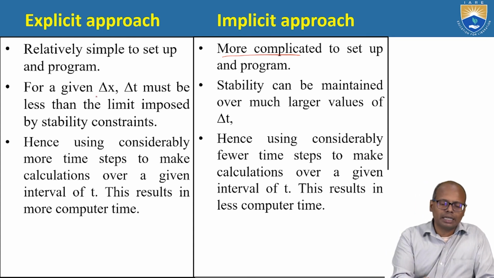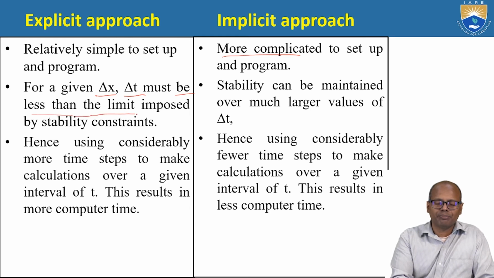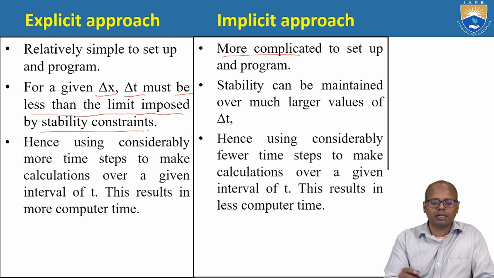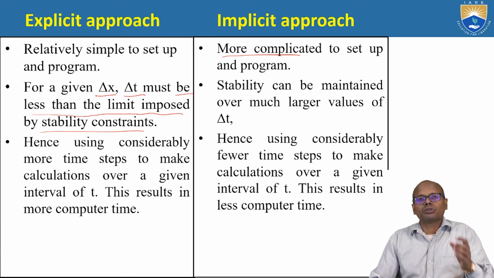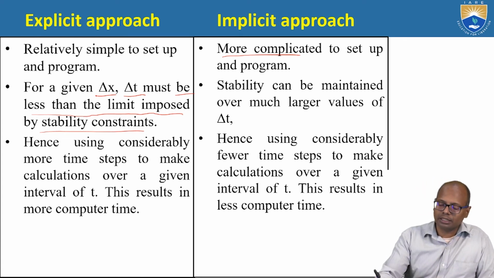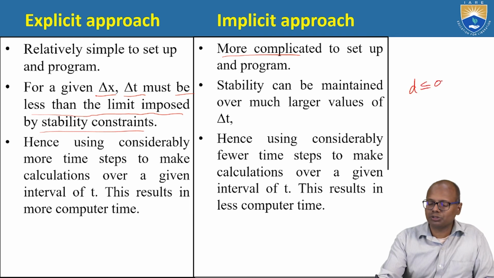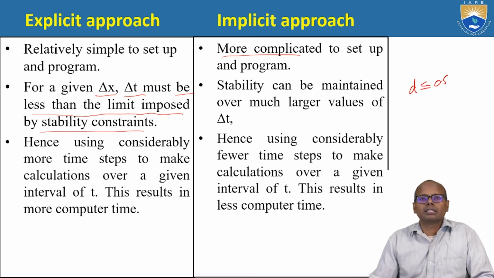For a given delta x, delta t must be less than the limit imposed by the stability criteria. Okay, so we have seen D is less than or equal to 0.5. That is the condition for stability.